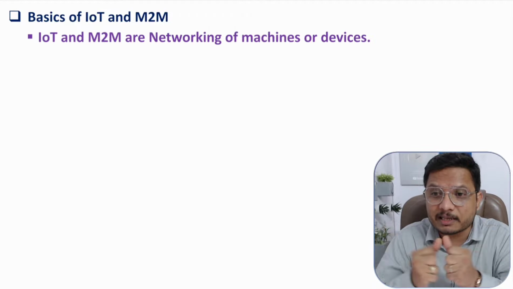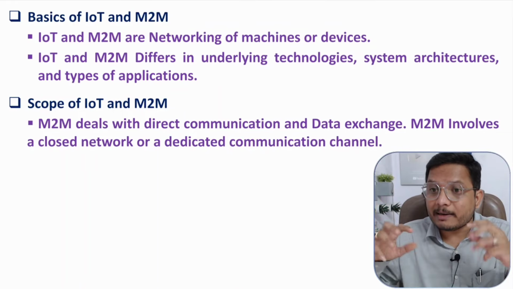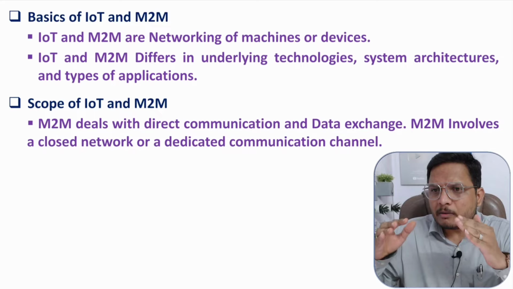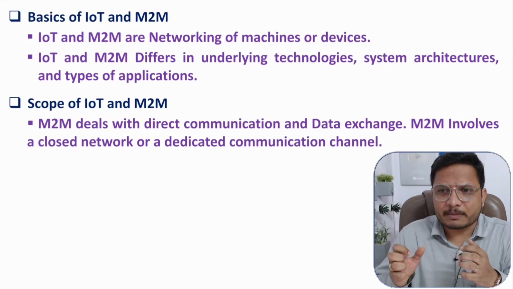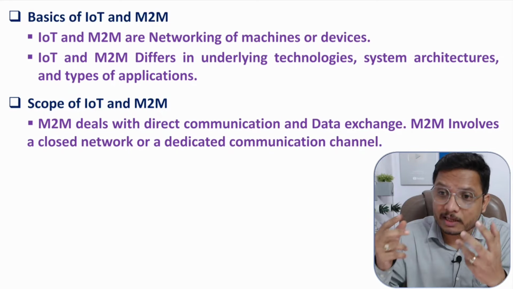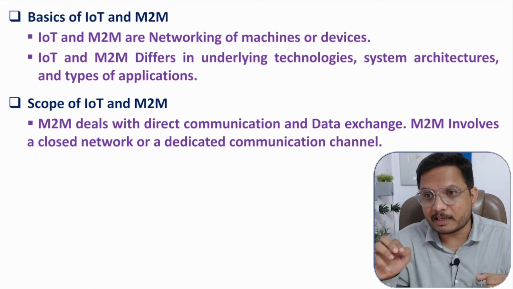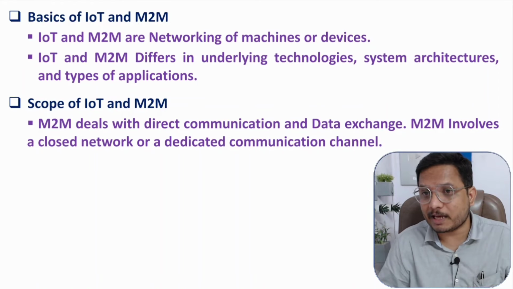In M2M, it is used for limited devices. But when you talk about IoT, one should know it is used for generalized applications, where devices forward data on the internet. From the internet, one can access as much data as possible. Many algorithms can be deployed on the internet with the use of machine learning and artificial intelligence, by which one can optimize the application as well.